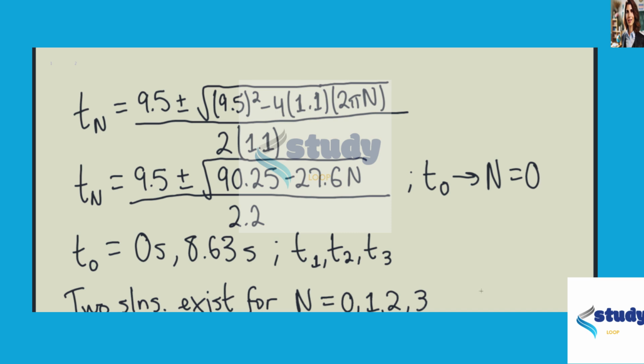So for all of those n values, two solutions exist for when the two reference lines for the two disks align momentarily, again, at that instant in time. So essentially, this would be your full answer.